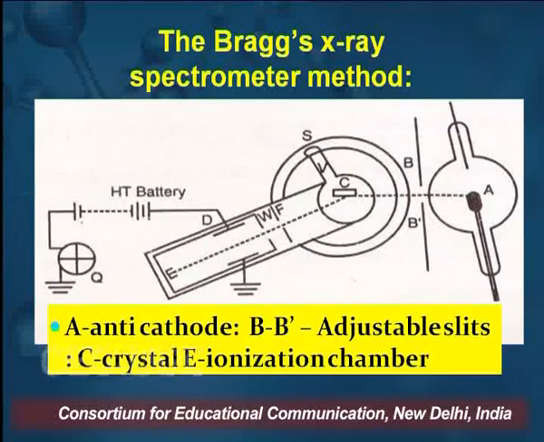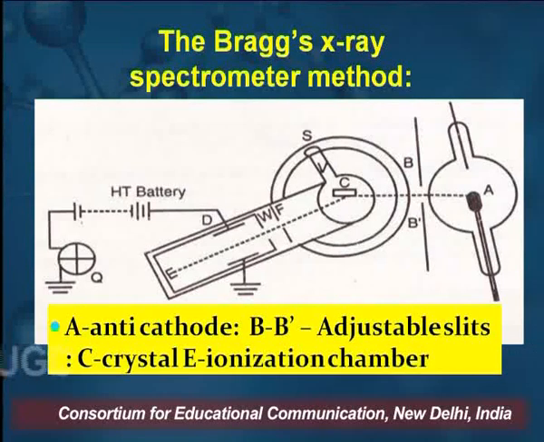Then the next method is the Bragg's X-ray spectrometer method. As we see on the screen, this is the Bragg's X-ray spectrometer. In this X-ray spectrometer, A, mentioned on the right hand side, is an anti-cathode tube which produces the X-rays.